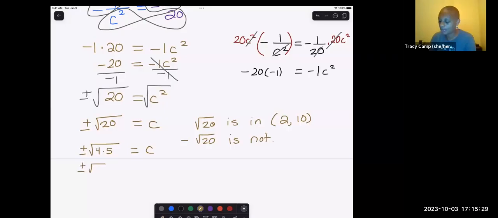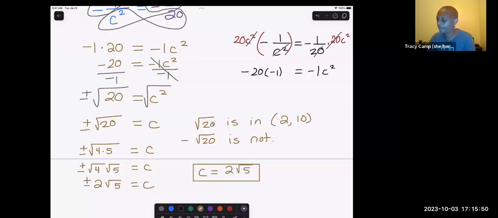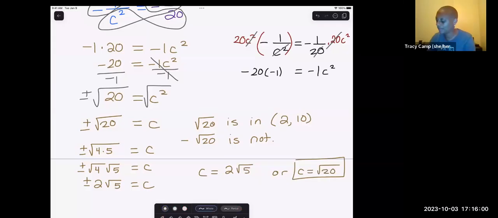A lot of people would go on to take the square root of 4, since 4 is a perfect square. So you could also write your answer as c equals 2√5, or c equals √20. But 2√5 is the more common way people would write it, because that's the simplified way, even though it doesn't look more simple.